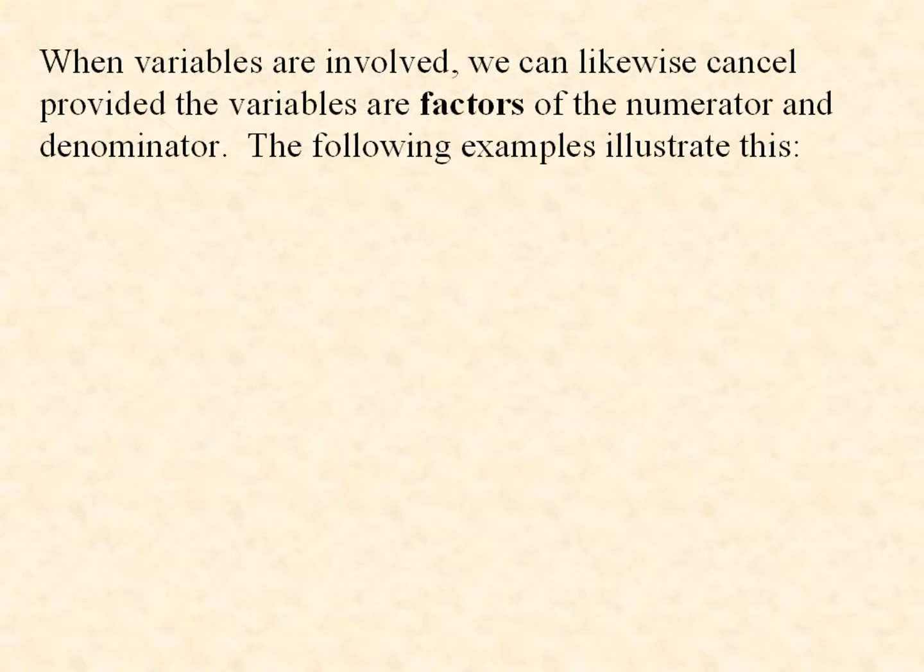When variables are involved, we can likewise cancel provided the variables are factors of the numerator and denominator. The following examples illustrate this. Here we have a parentheses b plus c over ad. We can cancel the a's because of the parentheses around the b plus c.